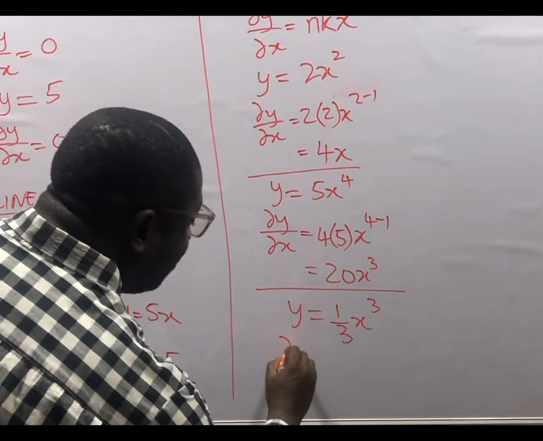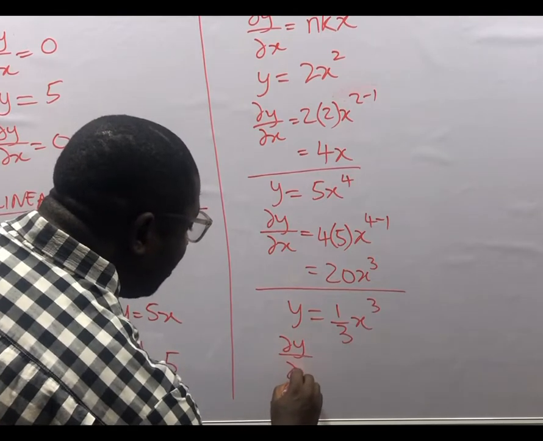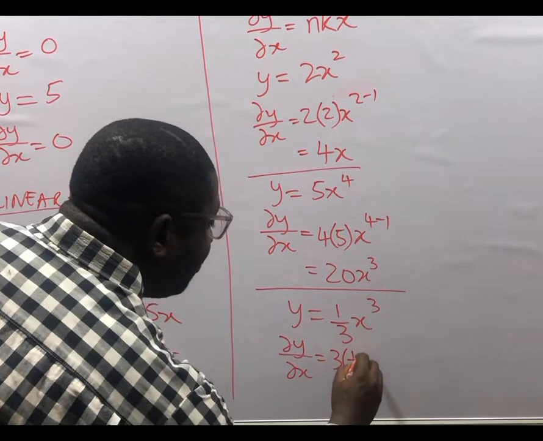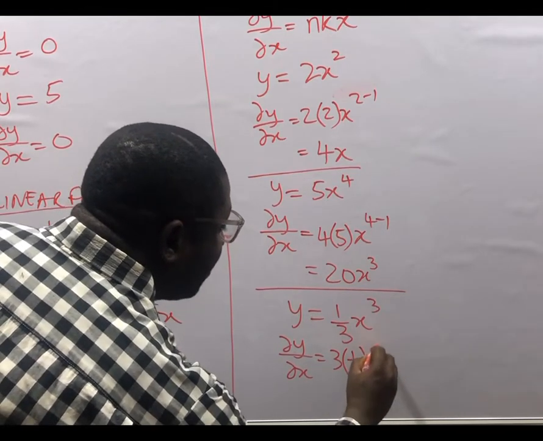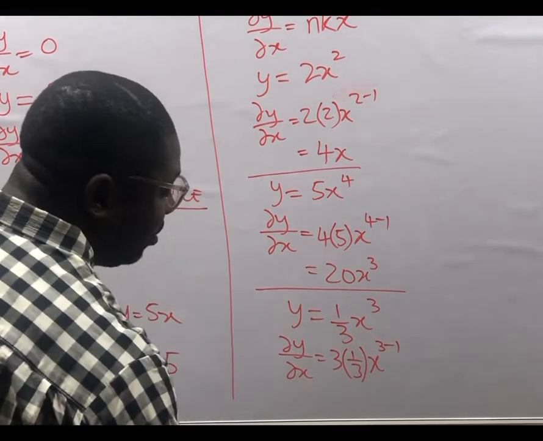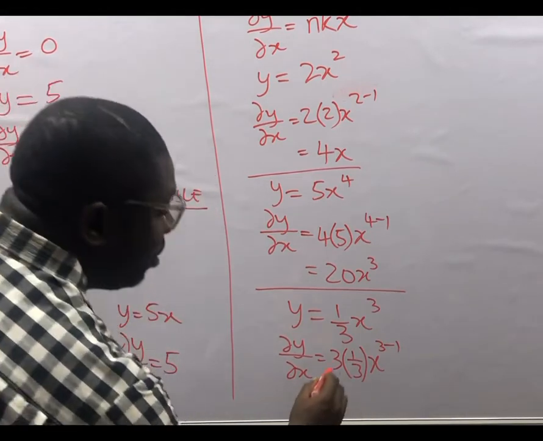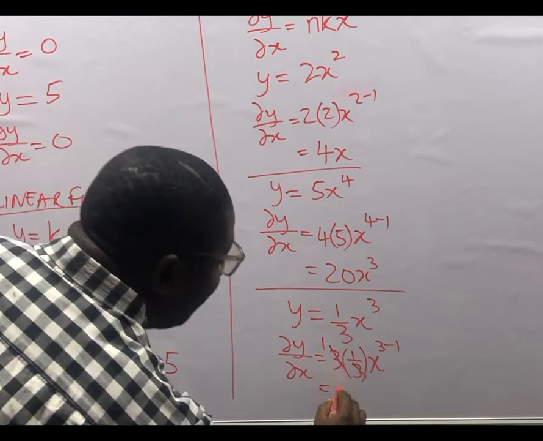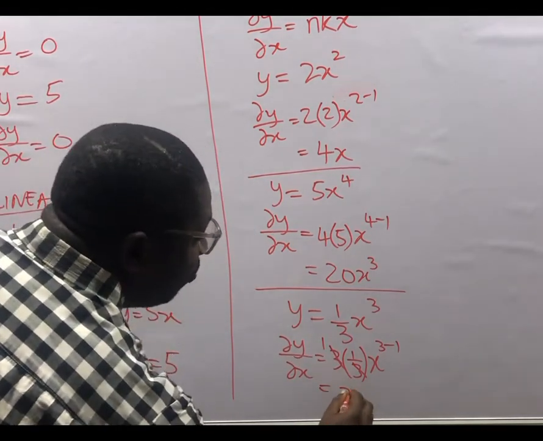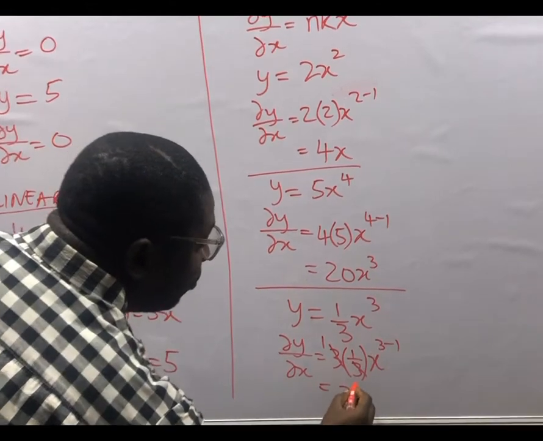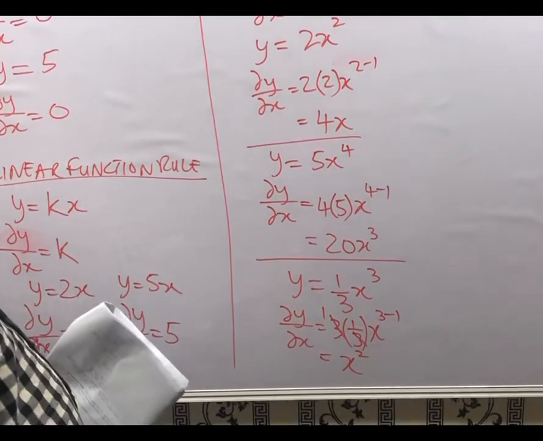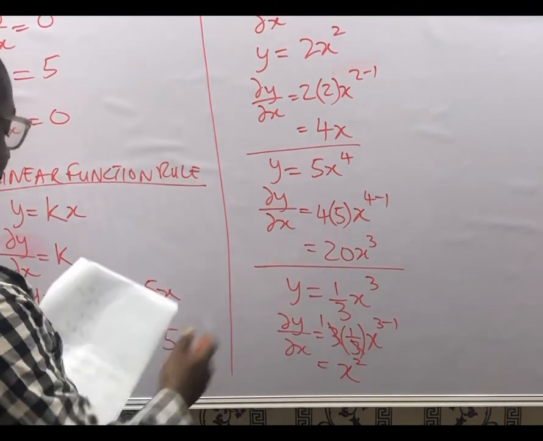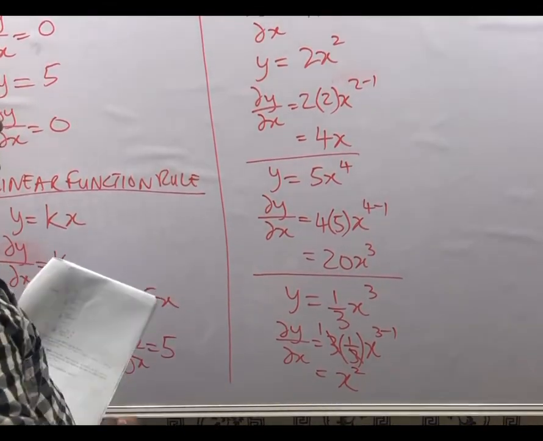So dy/dx will be 3 times 1 over 3, then you have x raised to 3 minus 1. If we cross out the 3s, you are left with 1. So you have x raised to power 3 minus 1, which is 2. So this is the answer for this function, an example of the power rule.